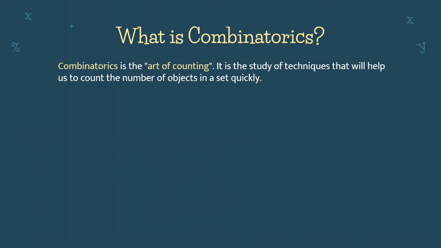The question of how many is always present when we are dealing with the art of counting. To be specific, combinatorics is the art of counting that will help us to count the numbers of objects quickly. Instead of counting one by one, we will introduce the concept of combinatorics to make our way of counting simple and easy.